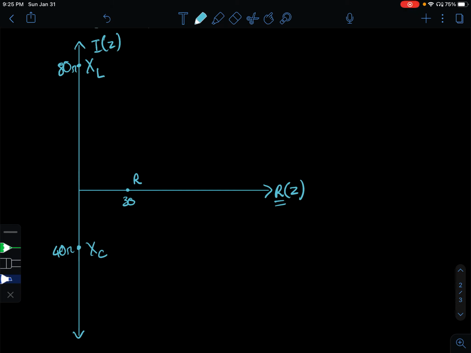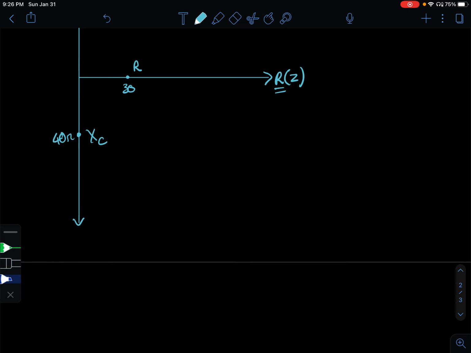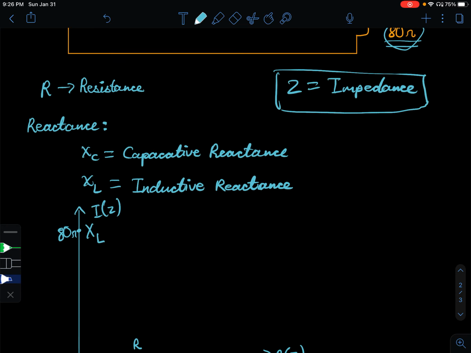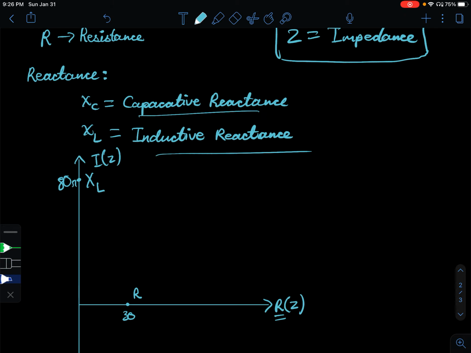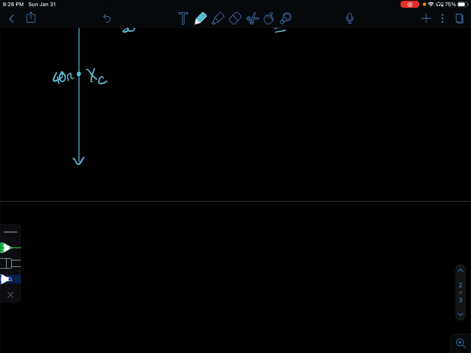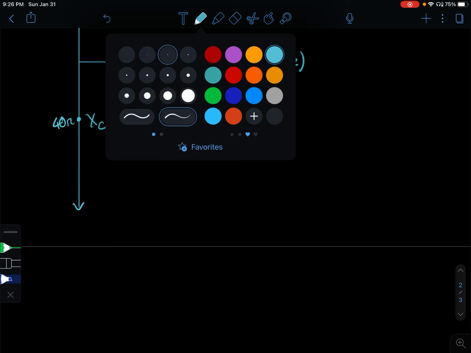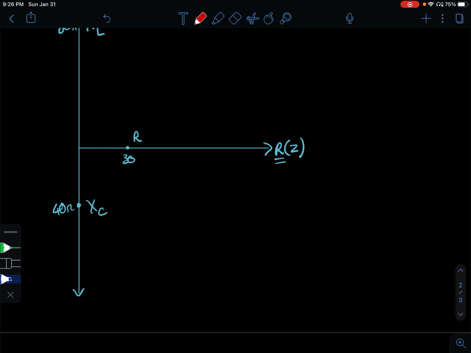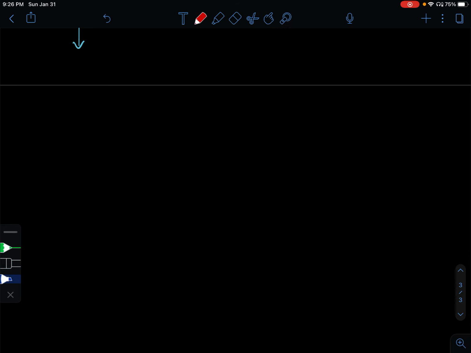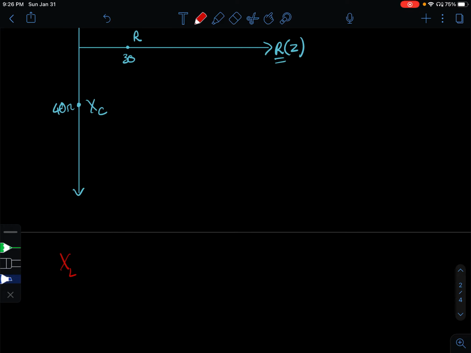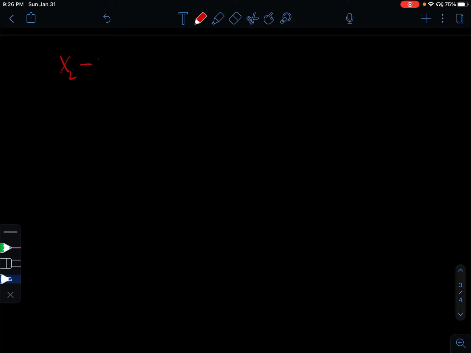Now, if you remember complex numbers, the first thing we need to do is find XL minus XC to find the total reactance of the circuit. We have two types of reactance, capacitive and inductive, so to find the total, we add them up. How do you add them up? Well, it's not XL plus XC. Remember, XC is on the negative y-axis. It's XL minus XC.